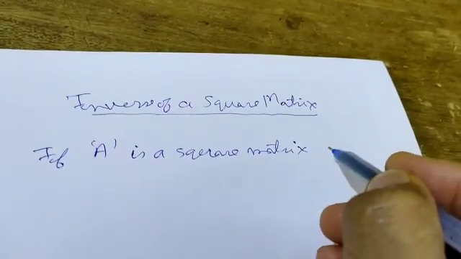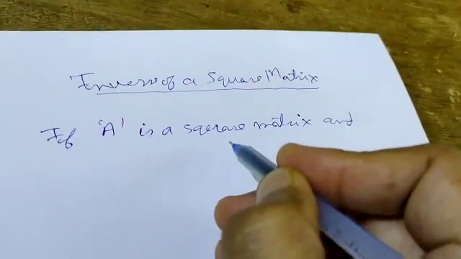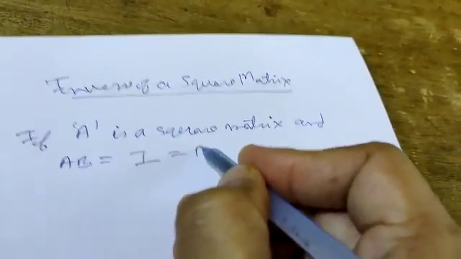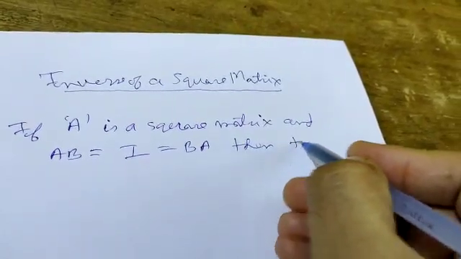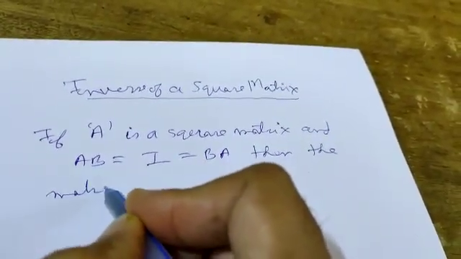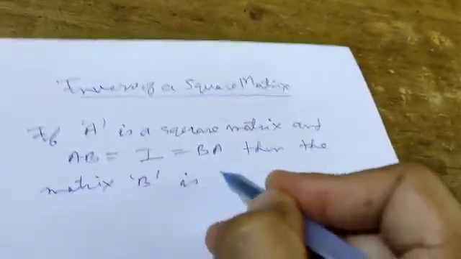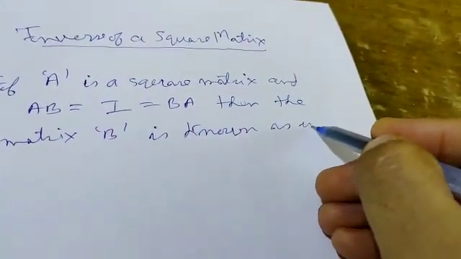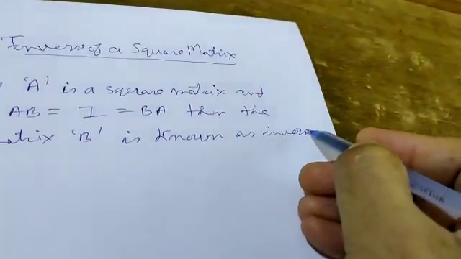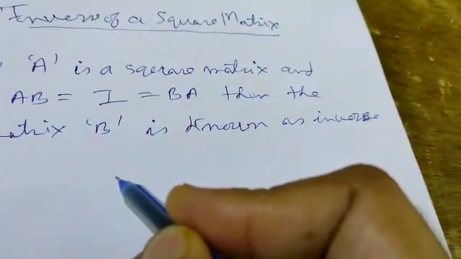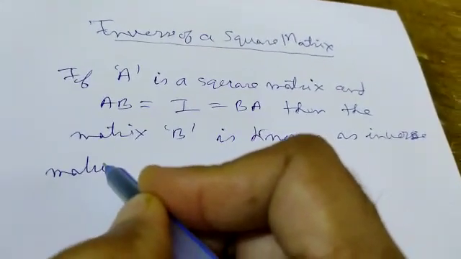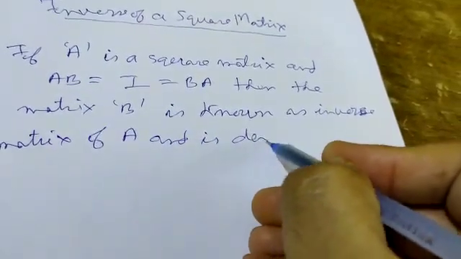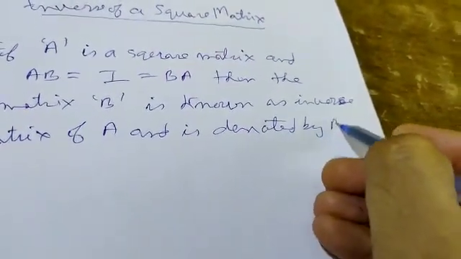If A is a square matrix and AB equal to I, where I is the identity matrix, equal to BA, then the matrix B is known as the inverse matrix of the matrix A, and is denoted by A inverse.